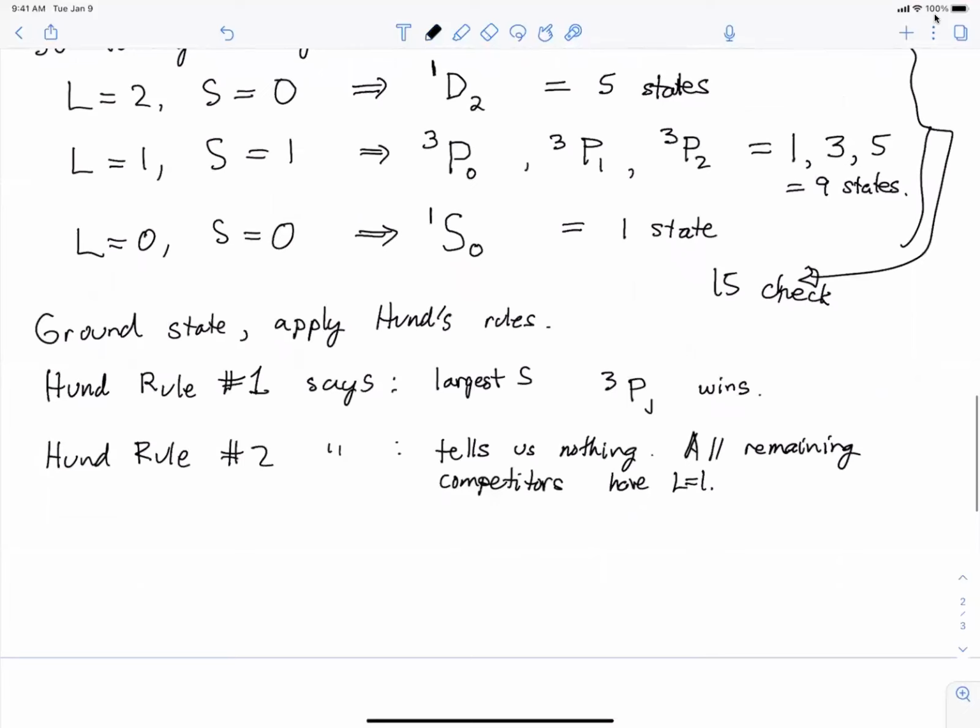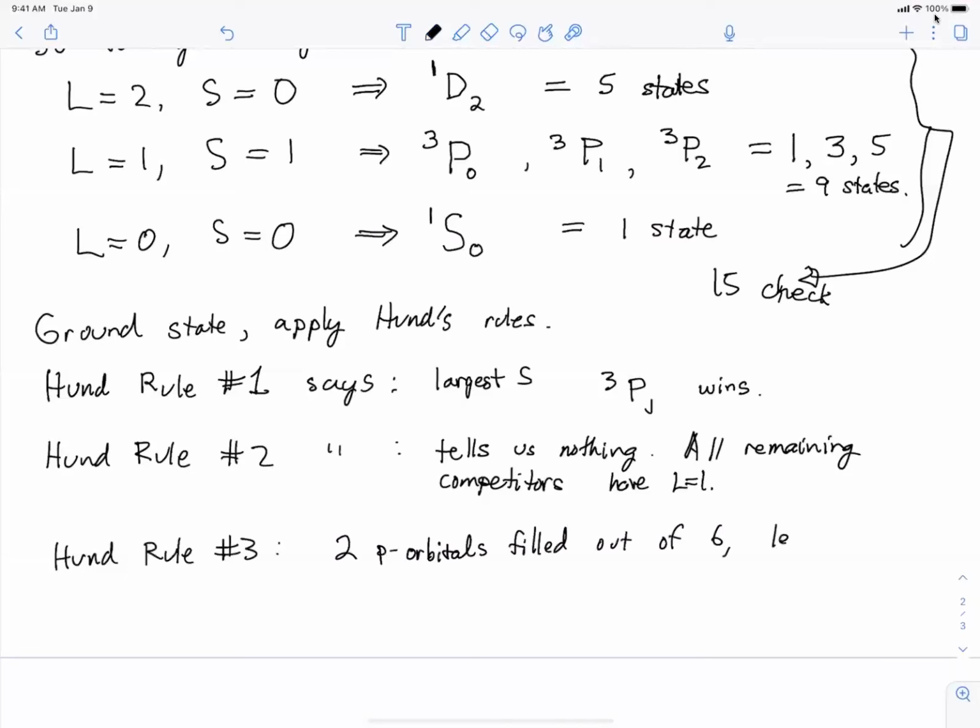So then we go to Hund's rule number 3. Okay, and Hund's rule number 3 is this test where you say, okay, first of all, is the last shell more or less than half filled? And the answer in this example is less, because we have 2 p orbitals filled out of a possible 6.